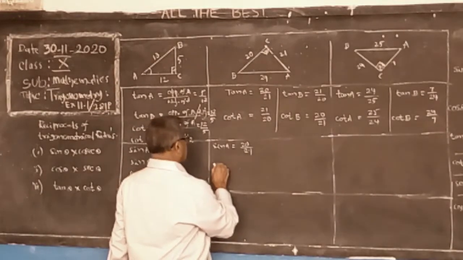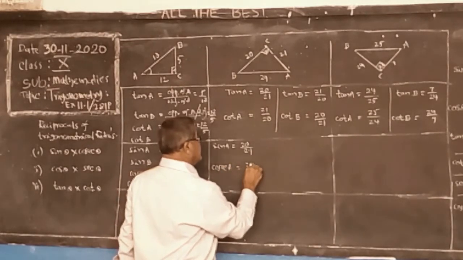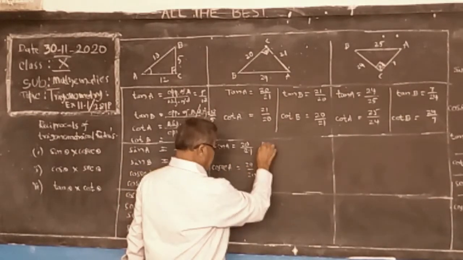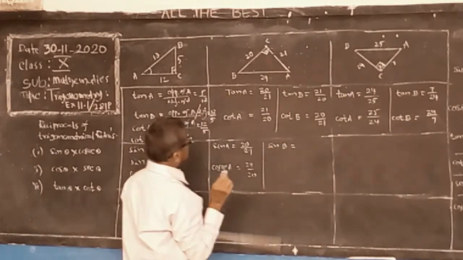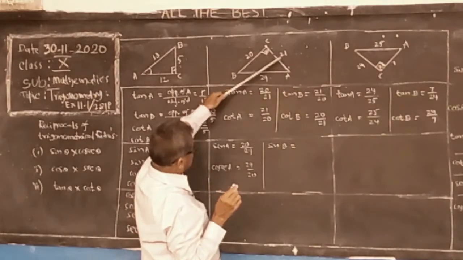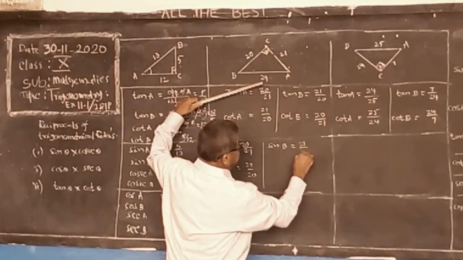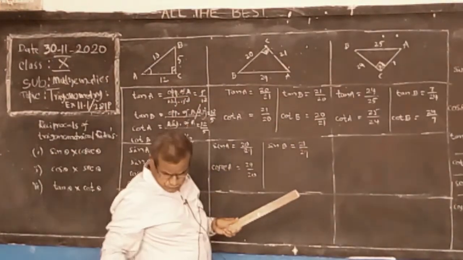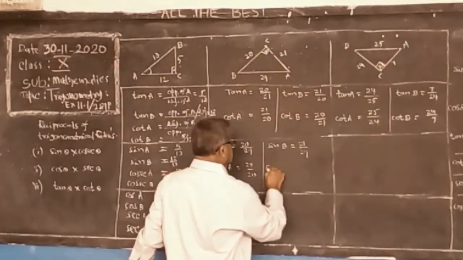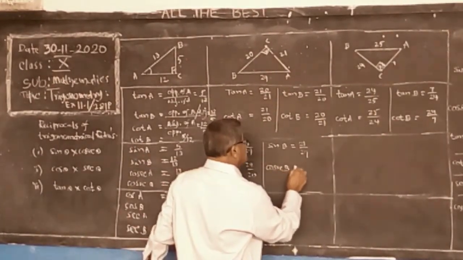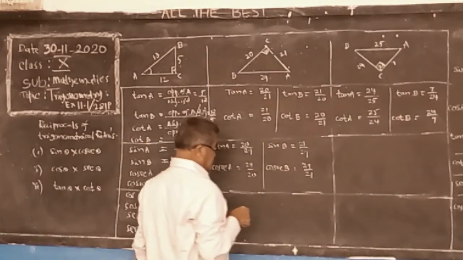Now, side A, the reciprocal is cosec A, 29 by 20. And similarly, side B is here, opposite side becomes 21, 21 by 29. And cosec B is 29 by 21, like this. Reciprocals.